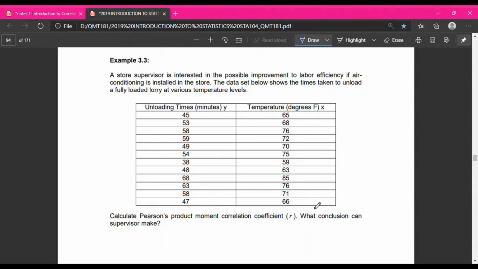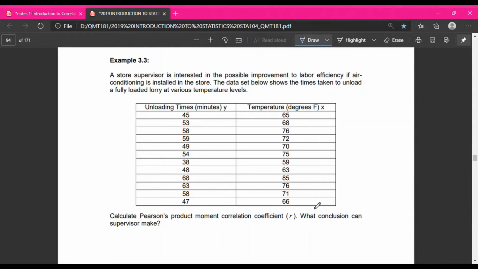So the unloading time will be the Y. Okay, unloading times depend on the temperature. Temperature will be X. Okay, so from here, to determine the relationship between these two quantitative variables, we can use the scatter diagram or use the Pearson correlation coefficient R.